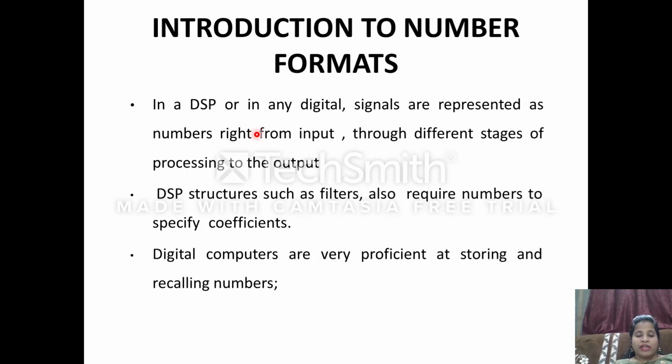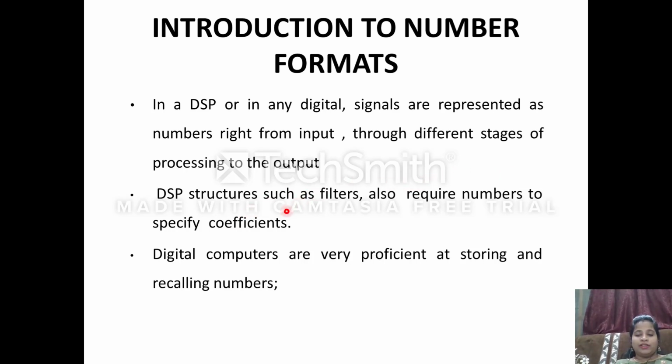For example, to realize digital filters like IIR and FIR filters, we require numbers to specify the coefficients. In IIR as well as FIR filters, we need a constant, which is a number, a delay element, as well as an addition block in order to get the input as well as the output.